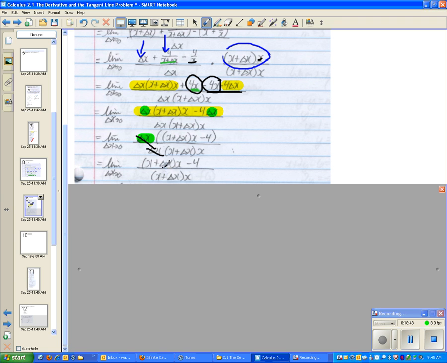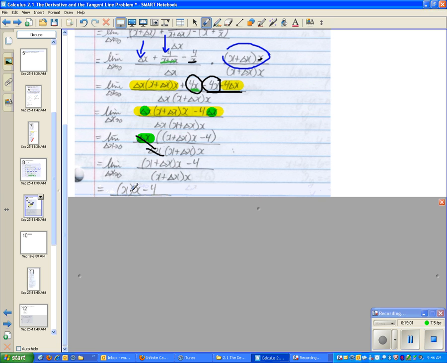So everywhere you see a delta x, replace it with 0. So that first parentheses, instead of being x plus delta x, it's now x plus 0, which is x. All right, I put the 0 there, so I get x in that parentheses times the other x minus 4.